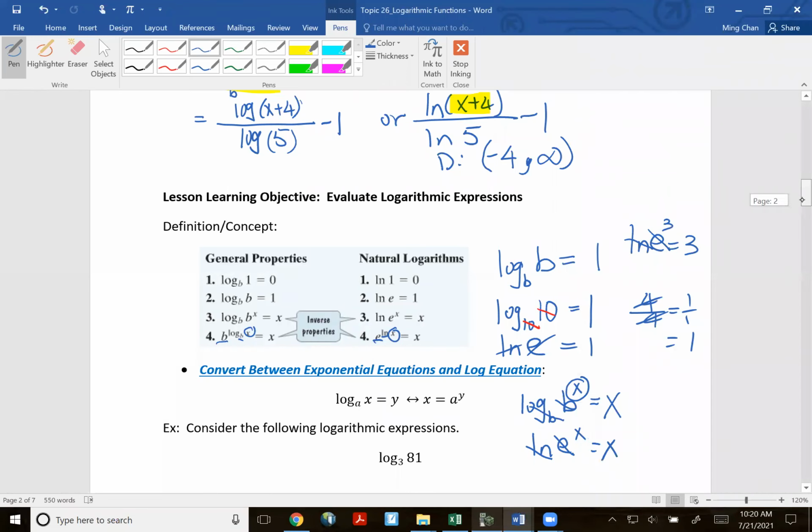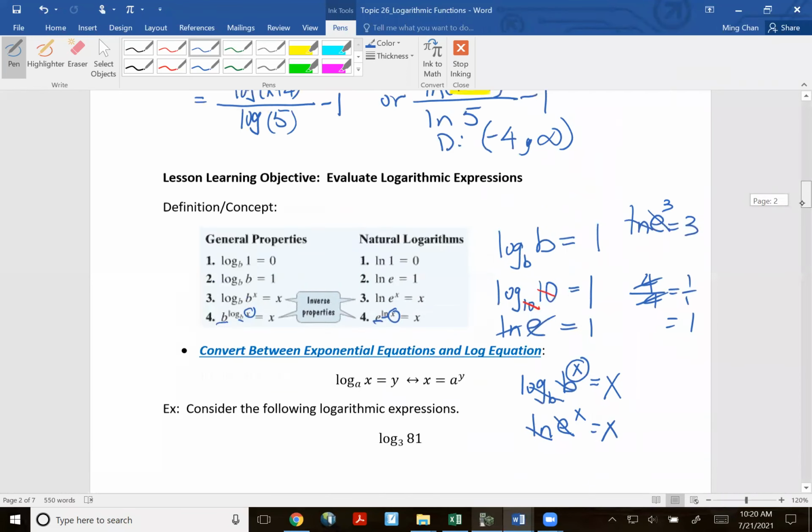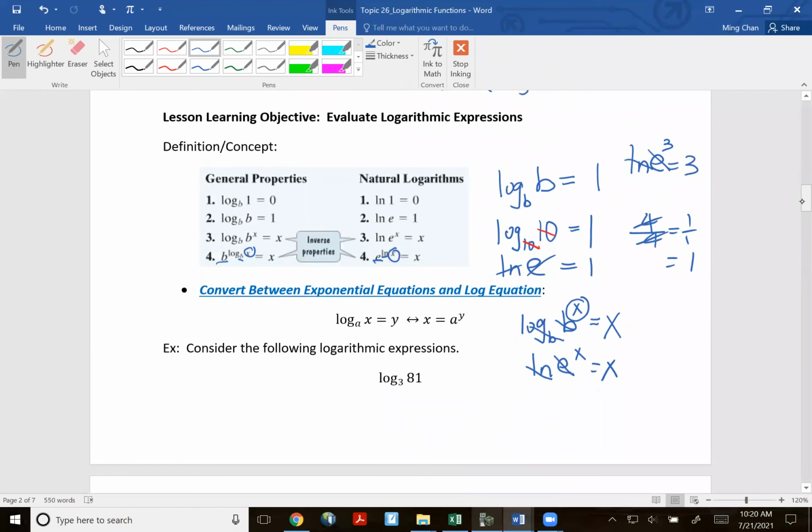Well, what's easier to comprehend is looking at these logarithm problems from the exponential perspective. Okay. So we can actually convert any logarithm expression into an exponential expression or equation.